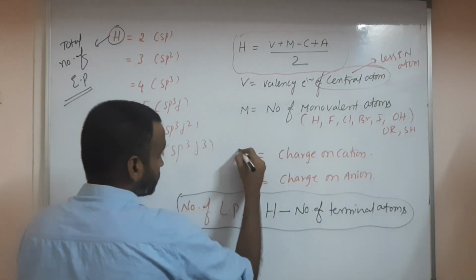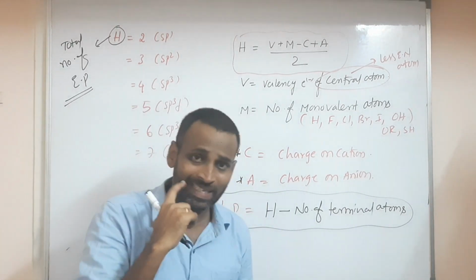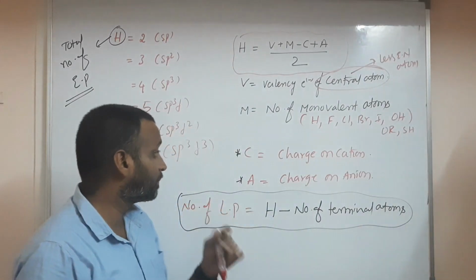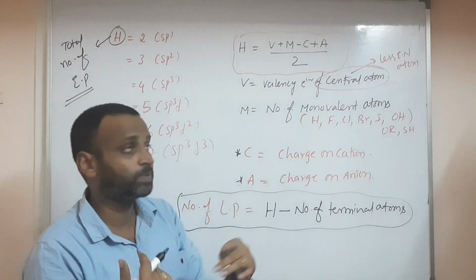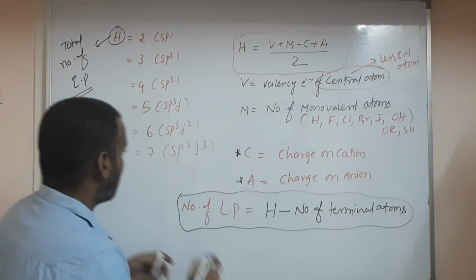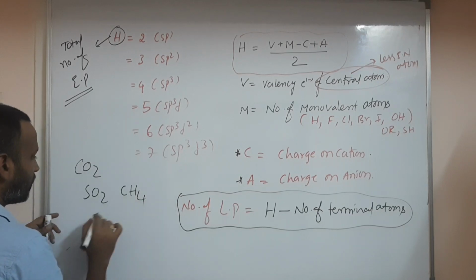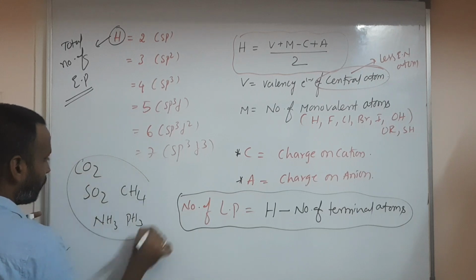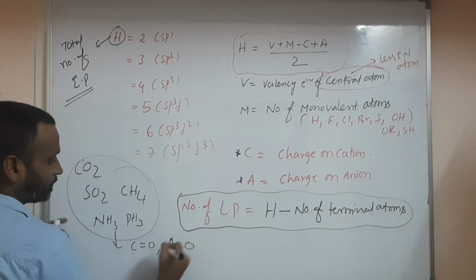The charge on cation and anion matter only when a cationic or anionic species is given. Otherwise C will be 0 and A will be 0 for neutral molecules like CO2, SO2, CH4, NH3, PH3, whatever is given.